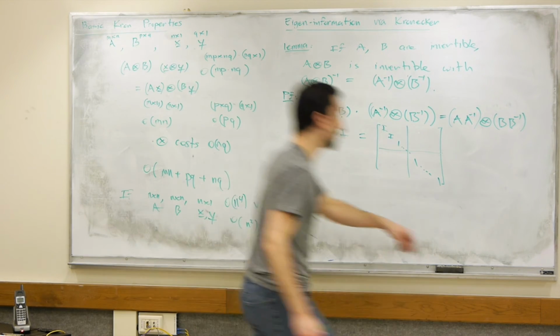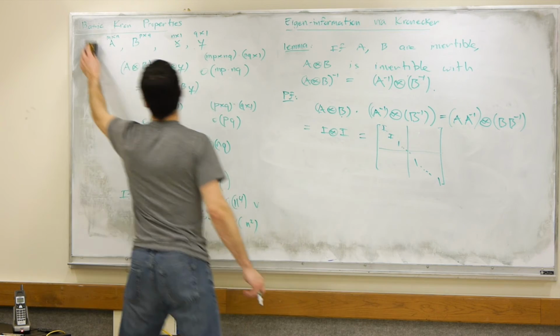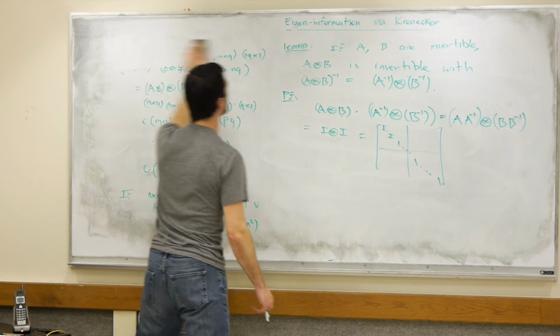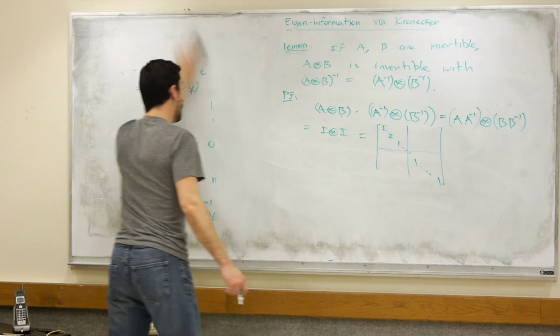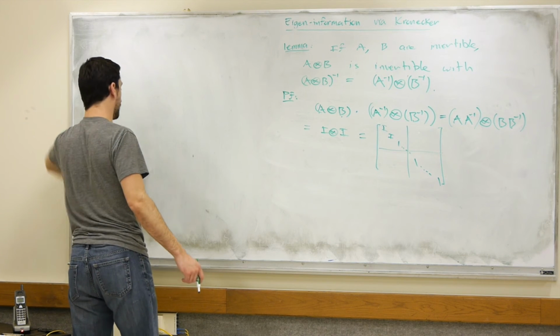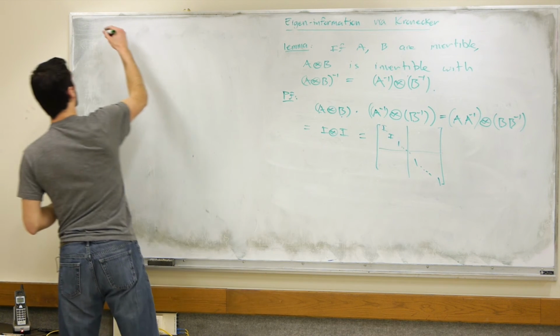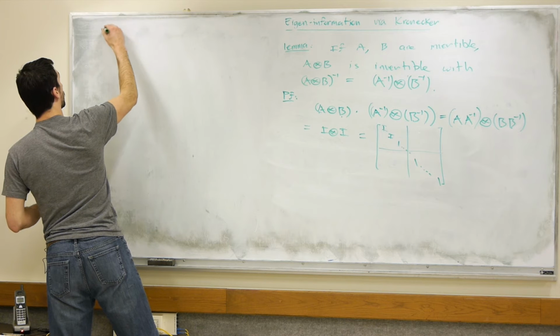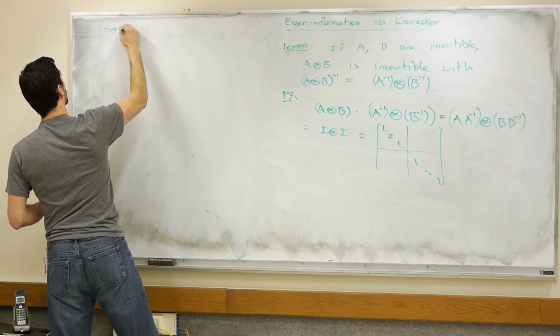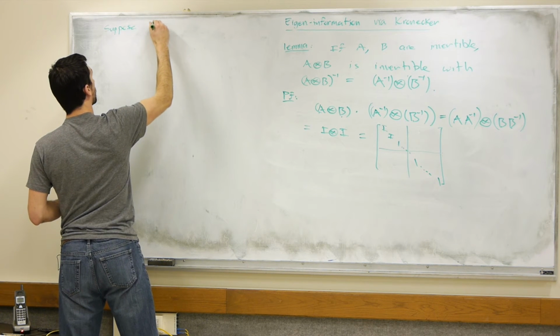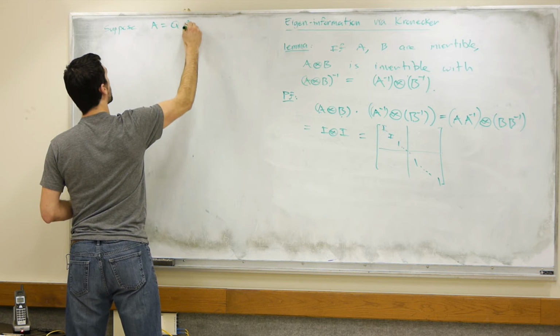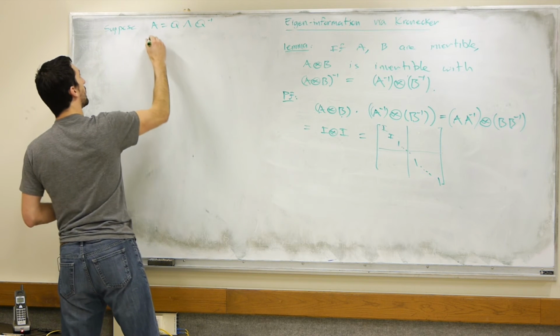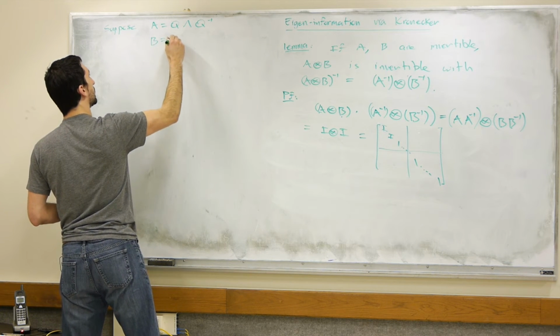All right, with that lemma proved, now we can start talking about diagonalizing a matrix that has a Kronecker factorization. So suppose A is diagonalizable and B is diagonalizable.